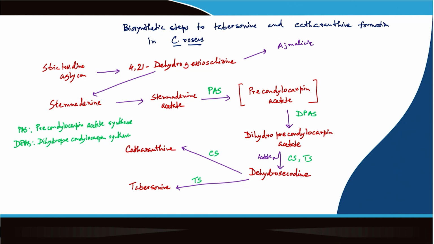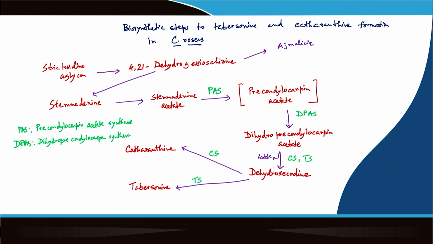So, first one is basically an oxidase and a reductase that isomerize stemadenine acetate into dihydro pre-condylocarpine acetate, which is then deacetoxylated and cyclized to form either catharanthine or tabersonine via two hydrolases.